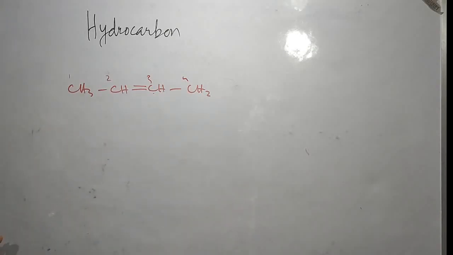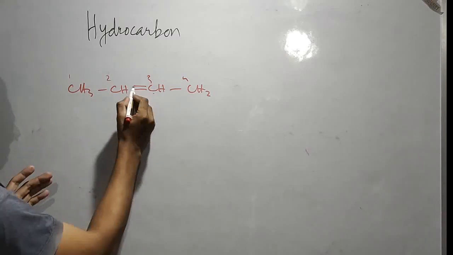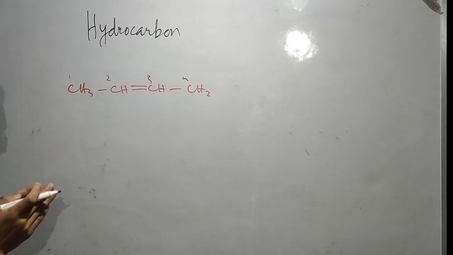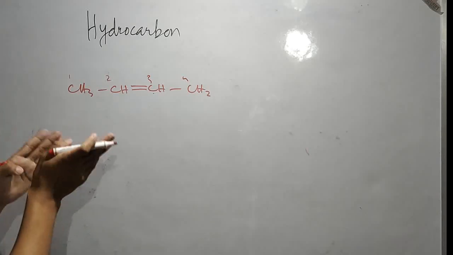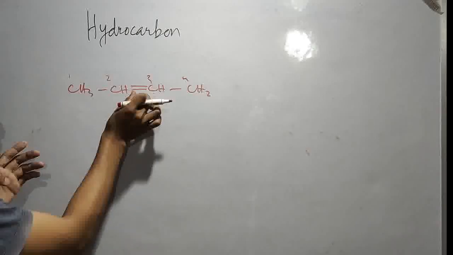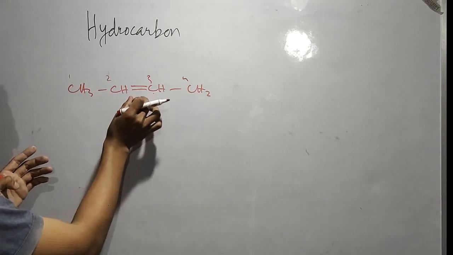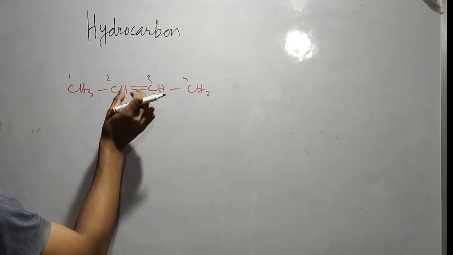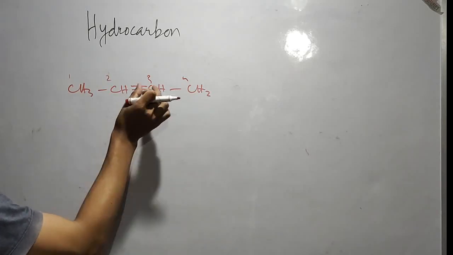Now according to another rule of naming the nomenclature, if there is a side chain, then that side chain should have the least number of placing. Or if it is a kind of bond, here the double bond is there, so this double bond should be located at the least value.